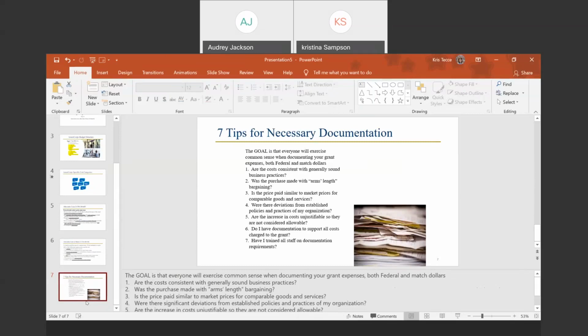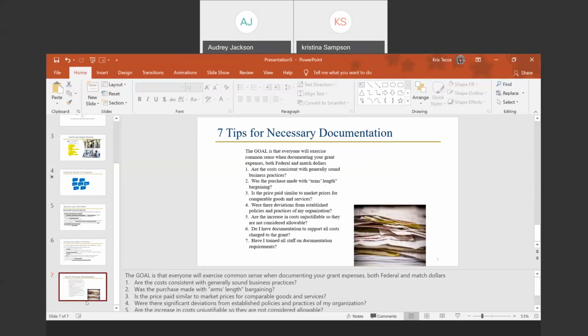One of the things that you'll find is, for example, food is not listed as an allowable cost in the uniform guidance. However, training costs are allowable costs. So you might have a day-long training where you're orienting your members and preparing them for service. You might put on the agenda that you have a working lunch. The food that you're serving would be considered a training supply.